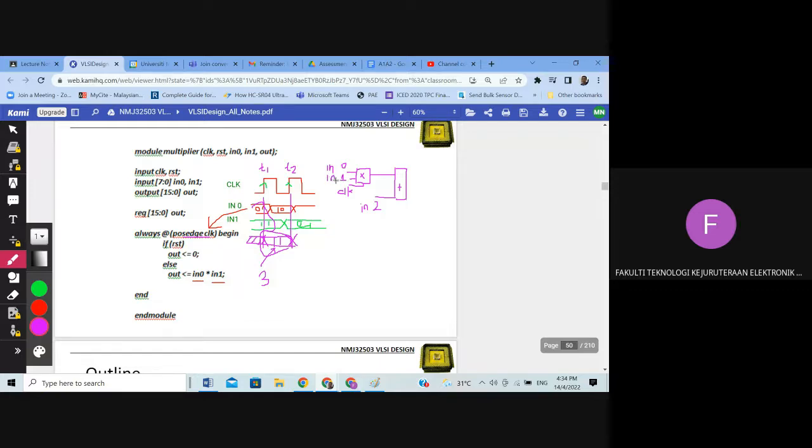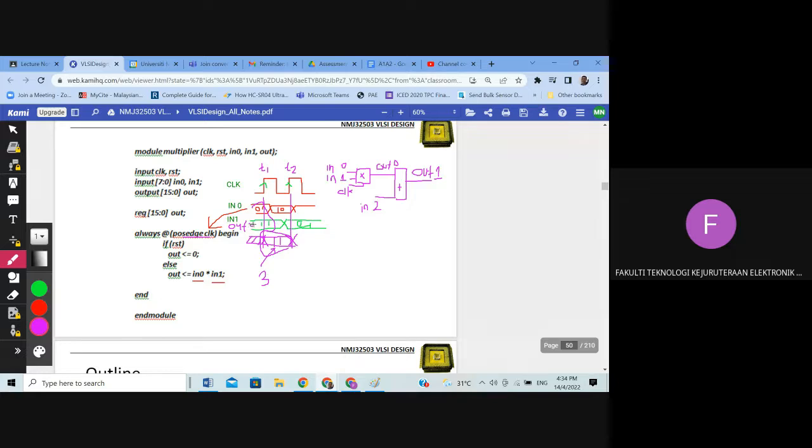Then you get the output here, which we call out, maybe out 0, and this one out 1. Here is out 0.